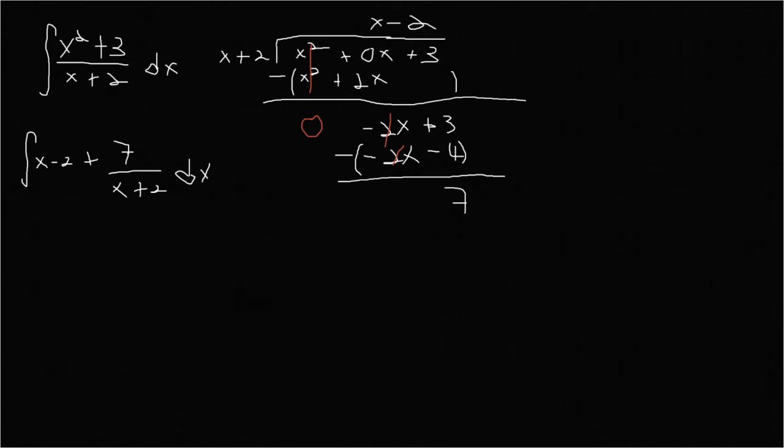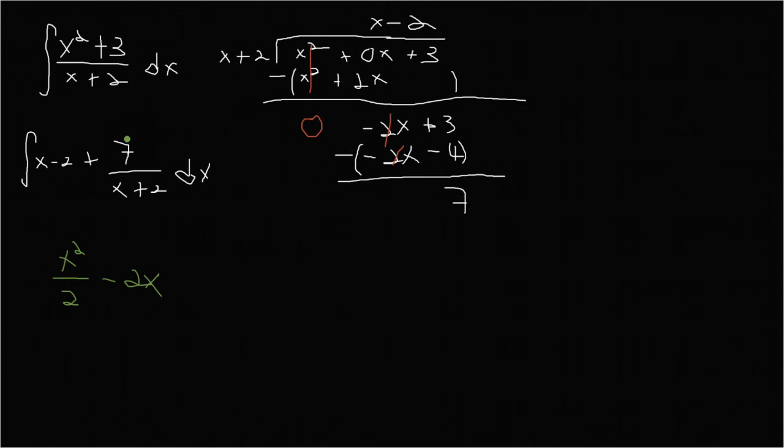Okay, so now we can integrate this, because we know that the integral of x with respect to x is x squared over 2. That's just the power rule for integration. And then the same thing for the 2, we can just add one to the exponent and divide by that exponent, which is just 1.